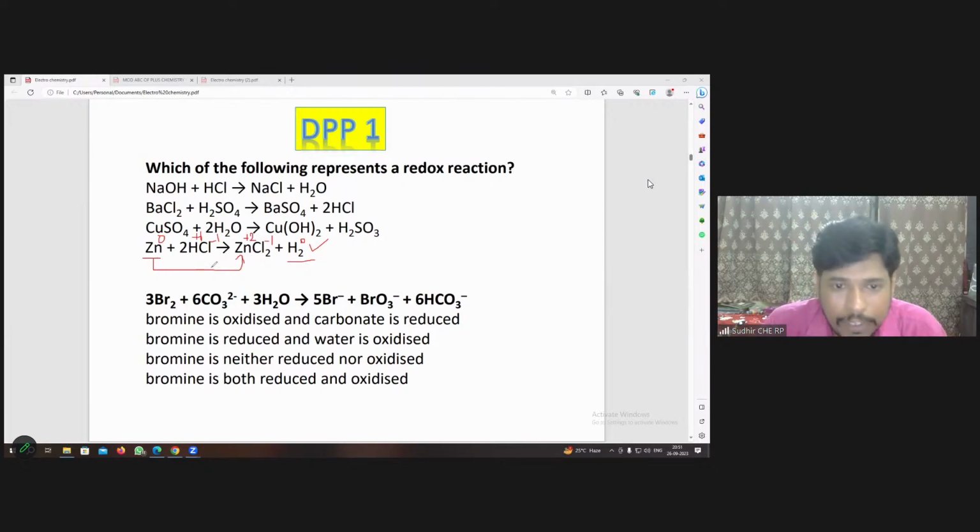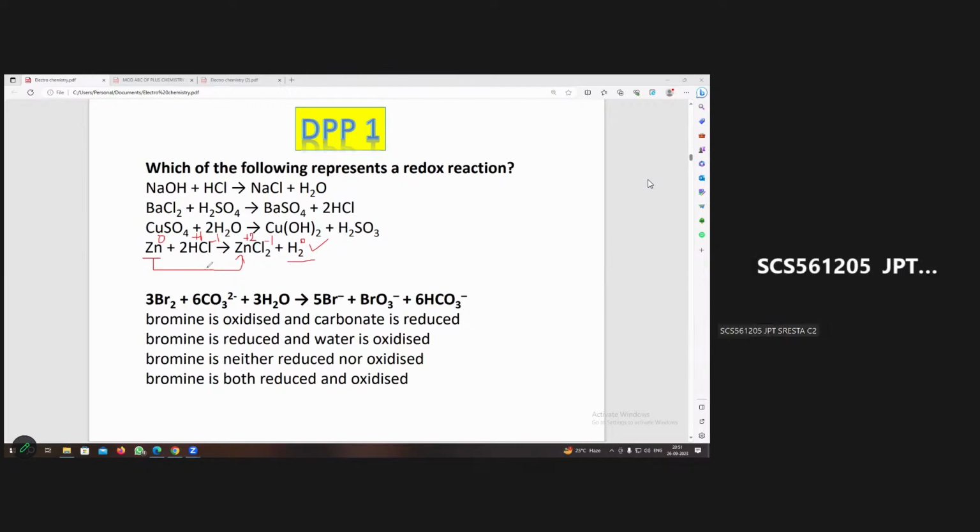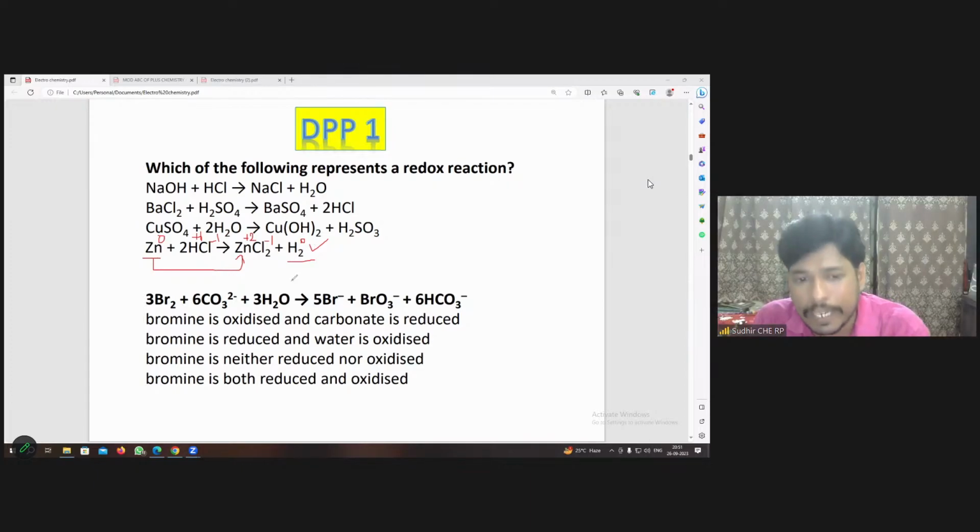That means +1 to 0, a decrease in the oxidation number. So hydrogen is involved in the reduction process. So in this overall reaction, one element is involved in the oxidation, that is zinc, and the other element is involved in the reduction, that is hydrogen. So both oxidation and reduction are taking place in this reaction, so I can say it is a redox reaction.